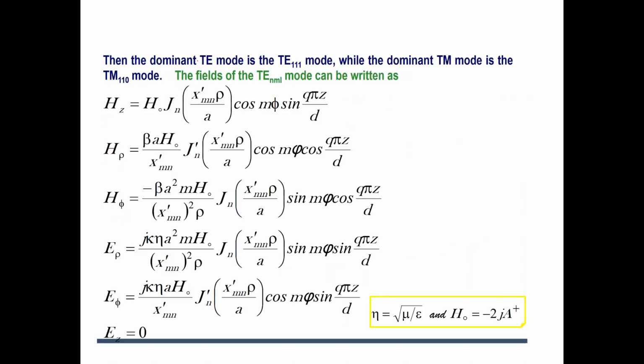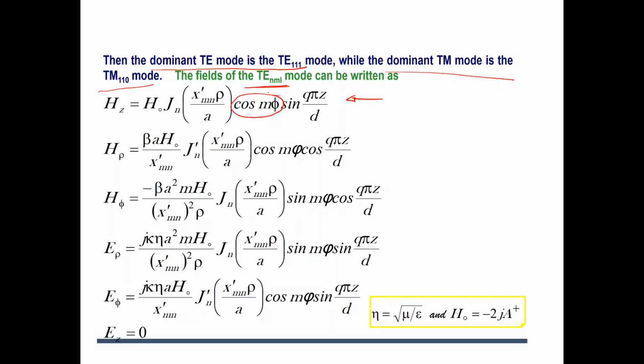If I assume that the dominant mode is TE11, or if I look at the dominant mode which is TM100, so if I look at the TE-NML mode, any arbitrary TE and MNL mode, when we solve for this, Hz is what we solve for, and we said Hz has to have some cos m phi function because you have to fit an integral number of wavelengths in the phi direction, otherwise you don't get to the same point again with the same value.